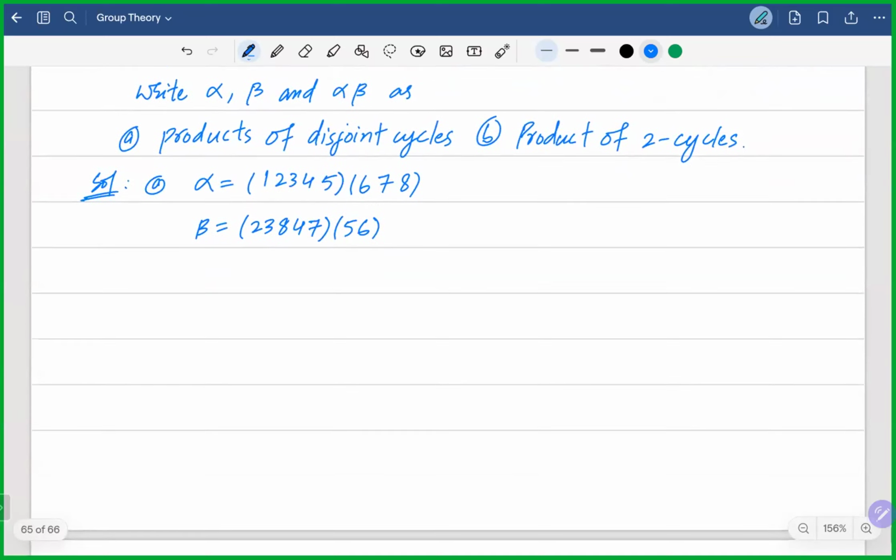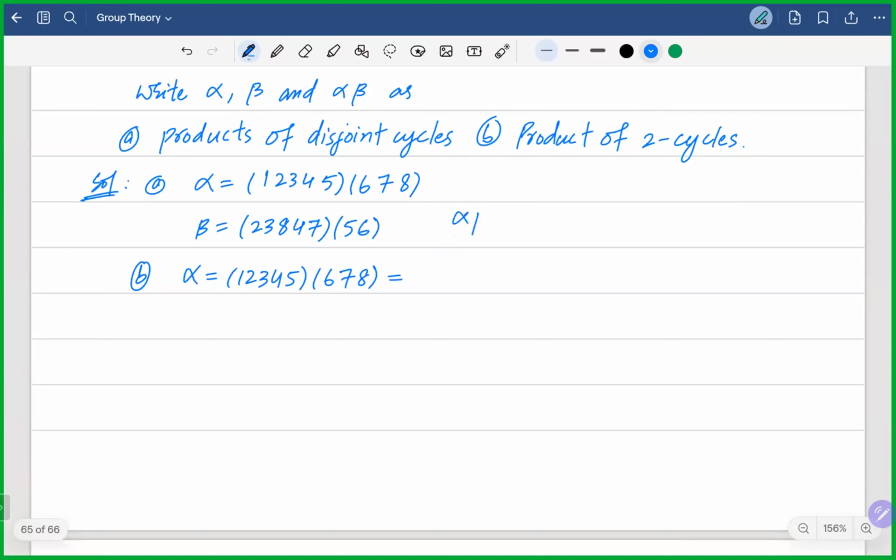Now B is going to be that alpha is 1, 2, 3, 4, 5, and 6, 7, 8. Now I need to write this as a product of two cycles. Okay, and then there is alpha beta. So first you need to compute alpha beta, and then you need to write it.